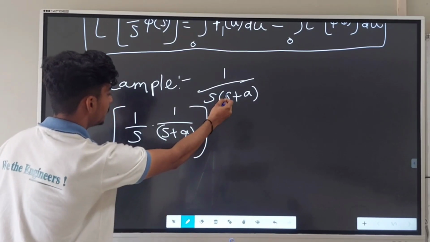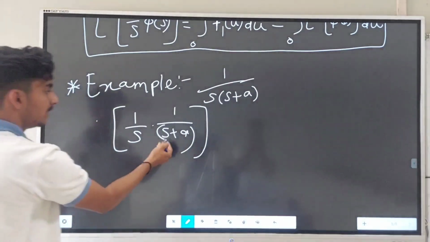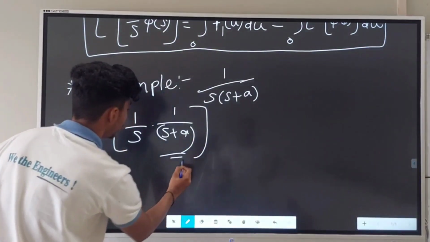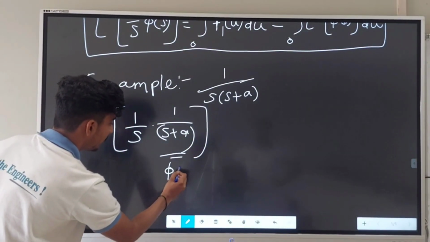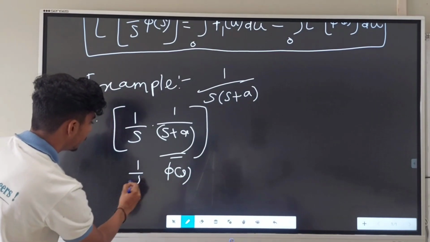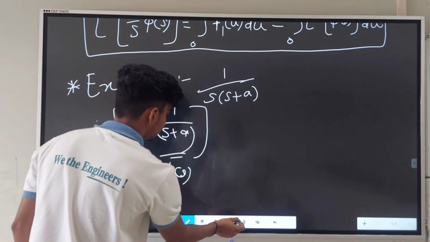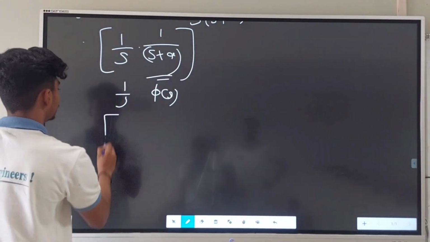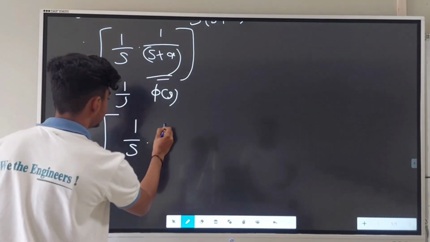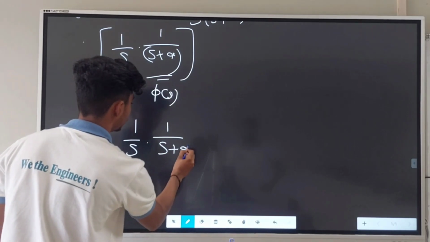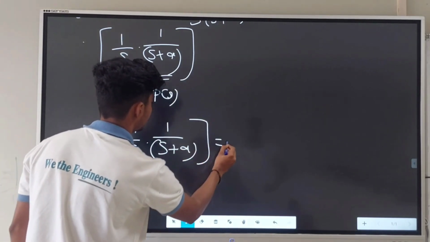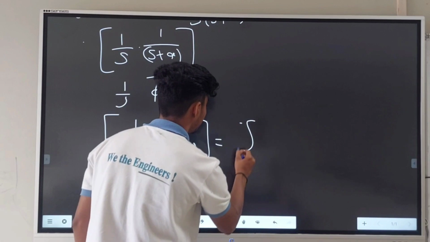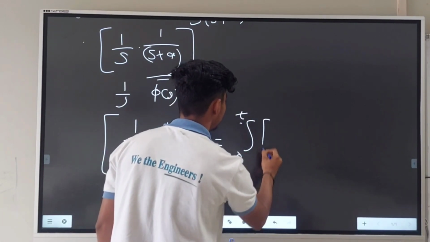So this equation we write in the form of this, and after that this is the phi of s and 1 upon s. Limit 0 to t.